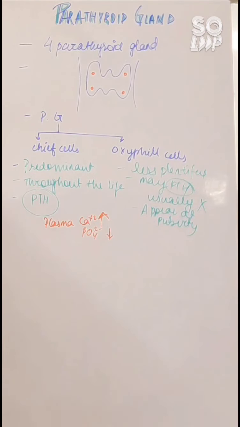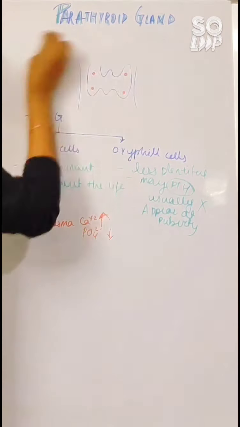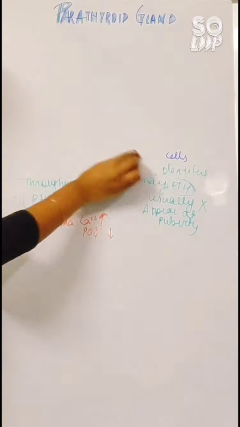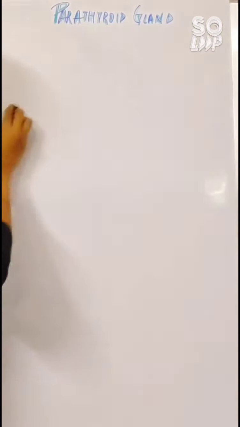Now moving on to the parathyroid hormone or parathormone, which is all we are going to study in this chapter. The structure of parathyroid hormone: it is a peptide, a polypeptide hormone.